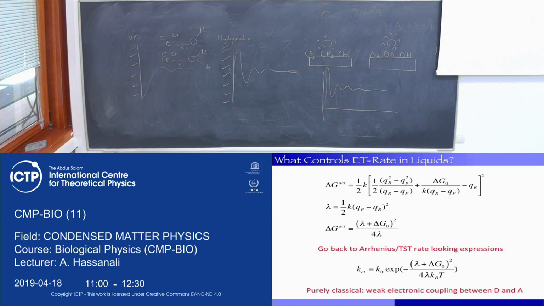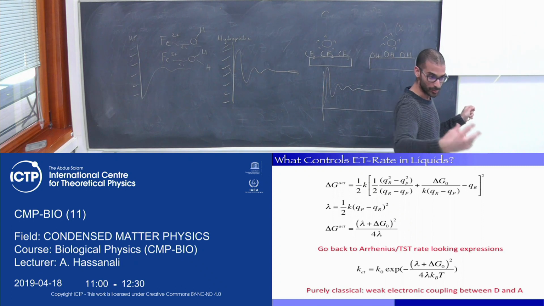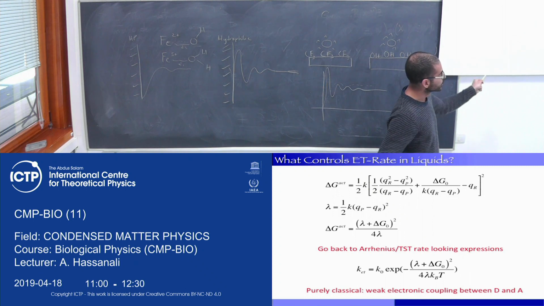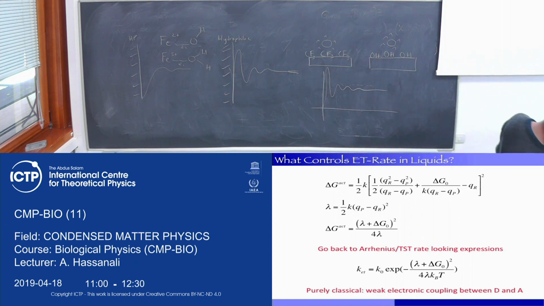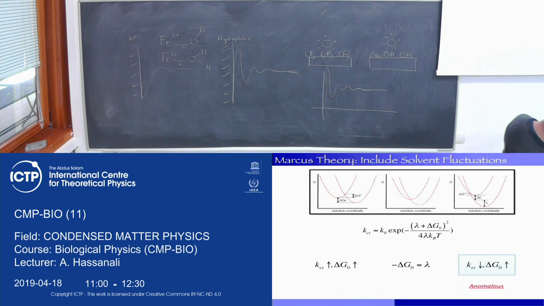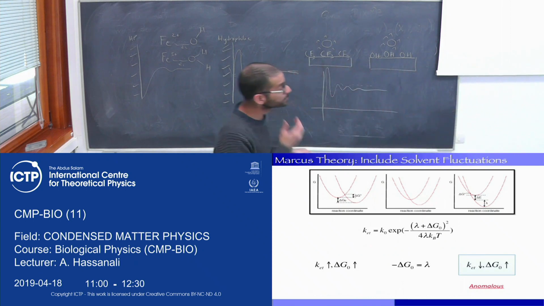So this expression was a very compact way of relating the rate of charge transfer to thermodynamic quantities, free energy difference and solvent reorganization. And what he predicted was the following.